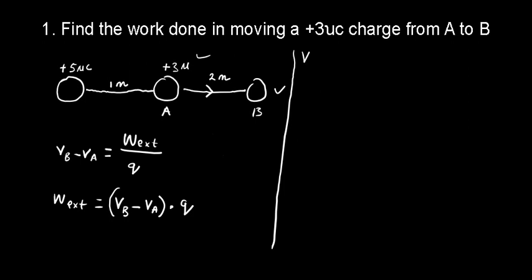Then VA is going to be KQ over RA, which is equal to, our K is Coulomb's constant, 9 times 10 raised to power 9, multiplied by the charge.